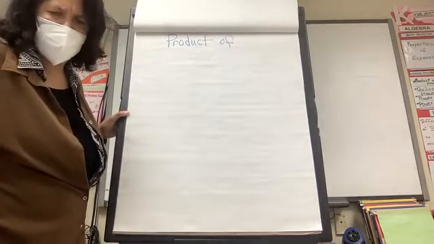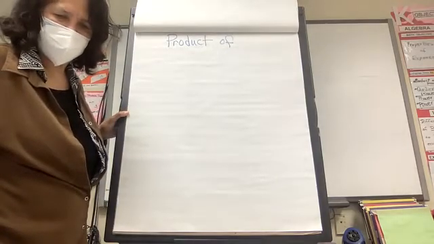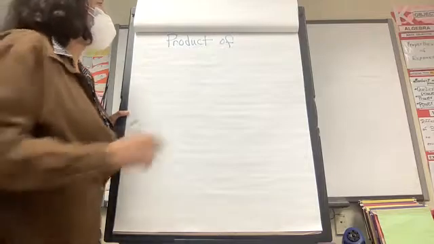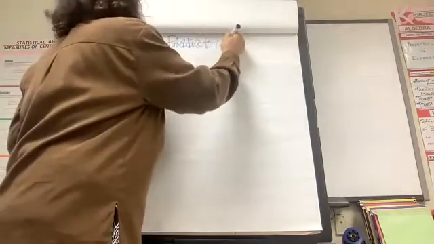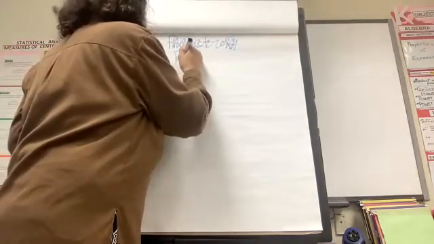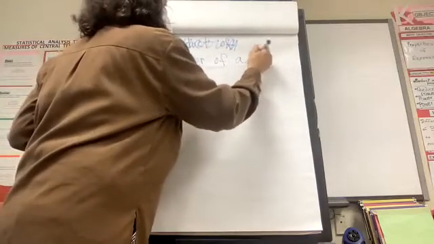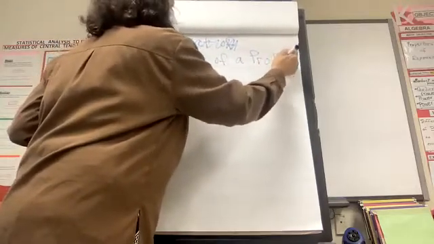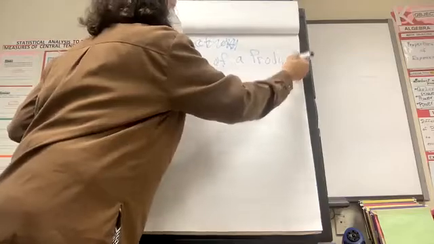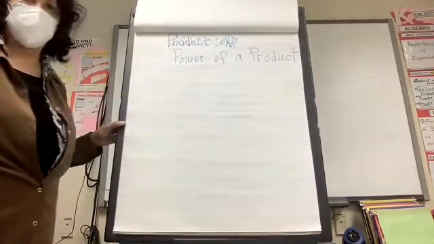Oh, no, it's called power of a product, not product of a power. Sorry about that. It's called power of a product. Okay, so we know we're talking about powers, but we also know we're talking about multiplication.